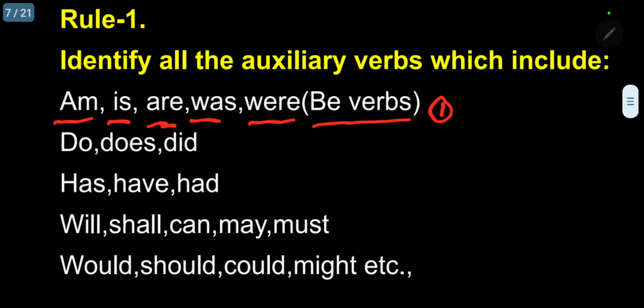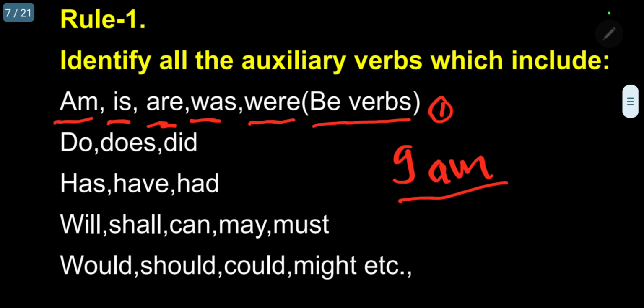Here, it is my duty to indicate to you, so you do not commit errors in spoken English: whenever you use I, you have to use the singular verb am. I am.